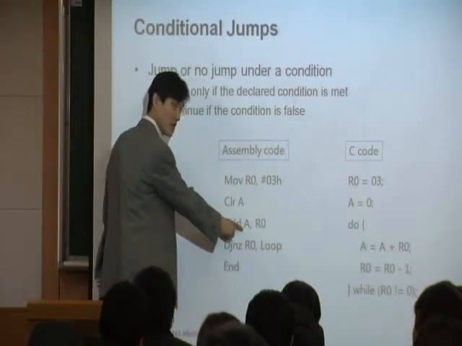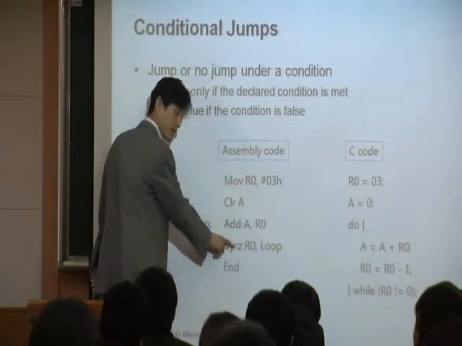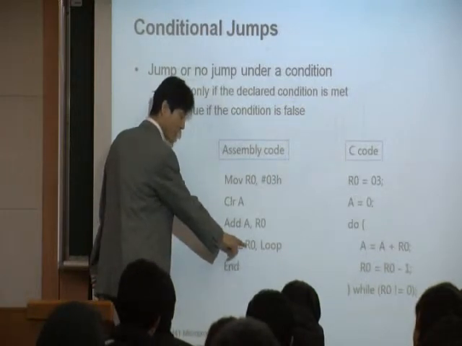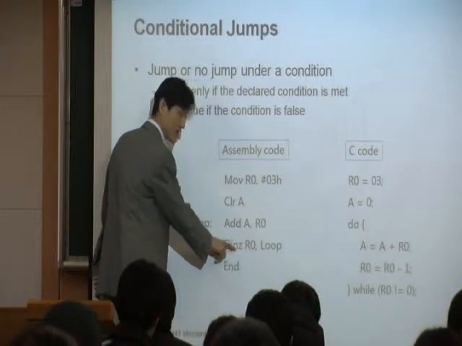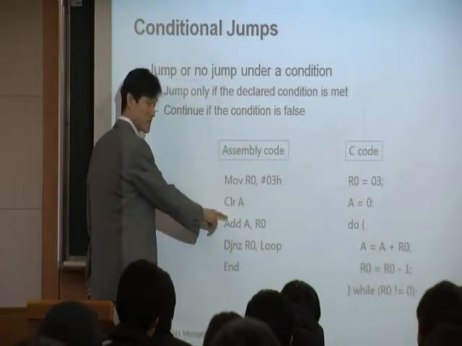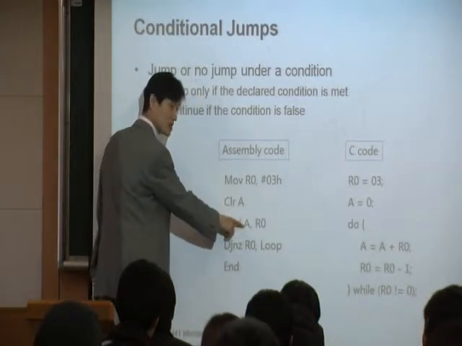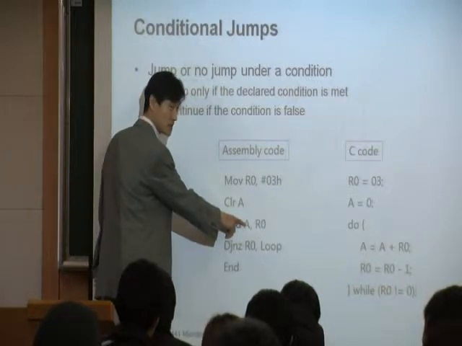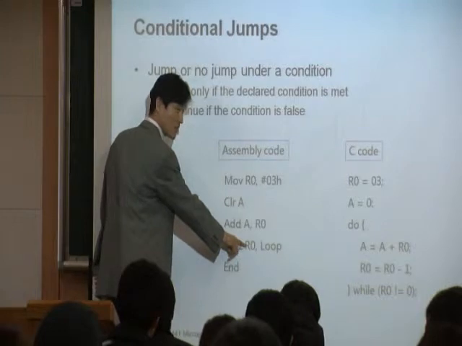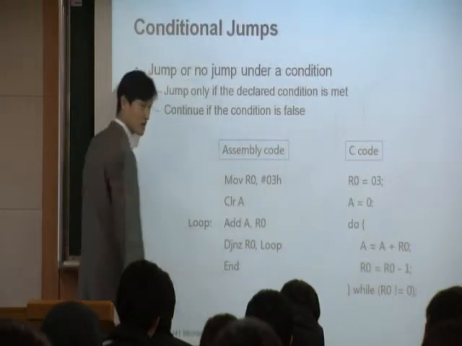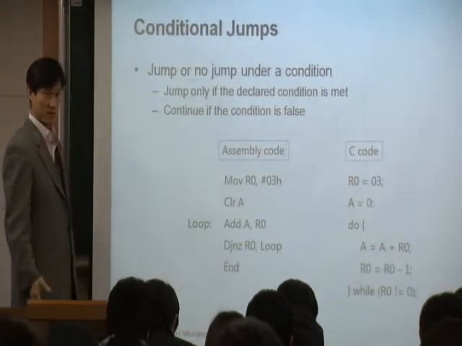New value is 05. And go back down here, and we again decrement it. Now it's going to be 01. Still not 0. Jump back. We are adding it again. Now what's going to be the new value? 06. Down here, we decrement it. Now it's going to be 0. So pass. That's the simple program.